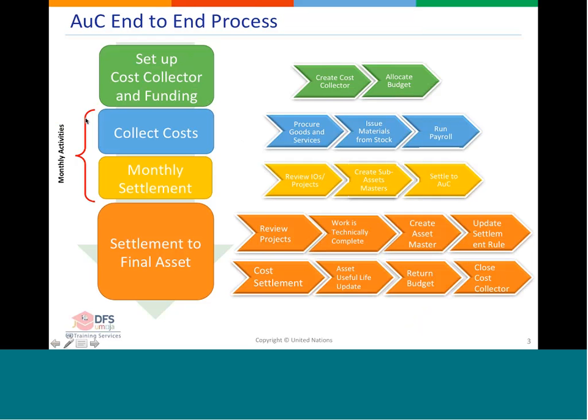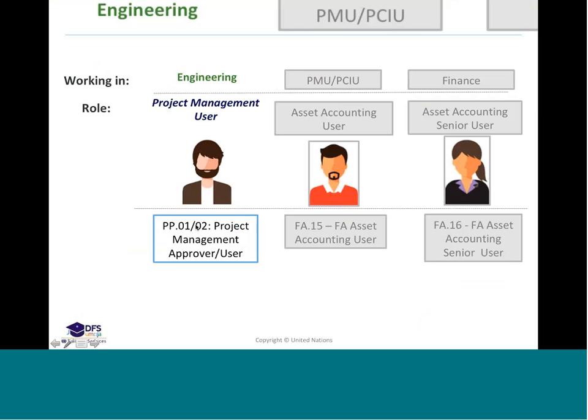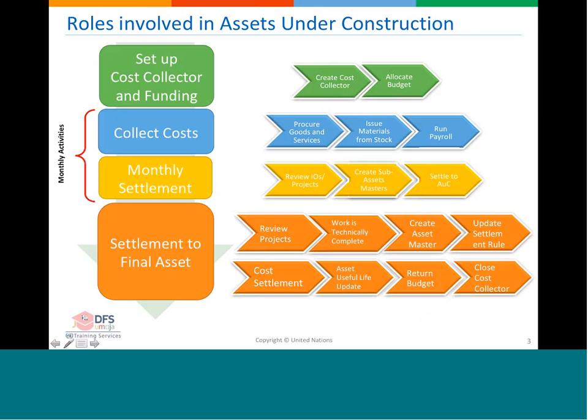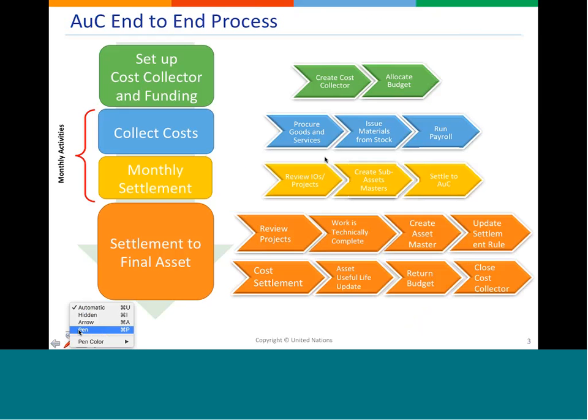Let's assume that we are self-constructing some assets, and in order to construct these assets in the project, we will need to use and therefore to procure some goods and services that can be directly charged or attributed to the project.